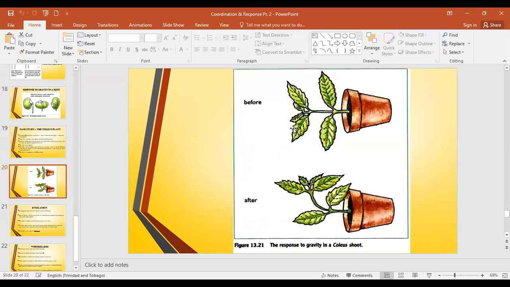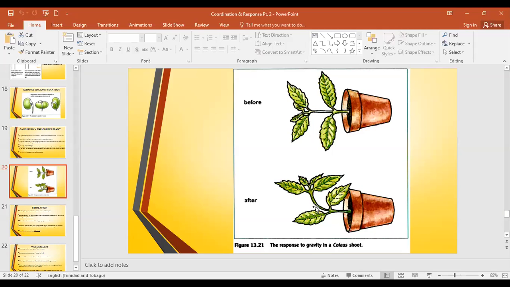The majority of the auxins would have gathered at the tip here because it's in a dark room, hence the reason you will have growth like this. It still continues to grow upwards because that is how the plant is supposed to grow. That is how the plant responds to that stimulus. It will always grow in the direction where the sunlight is.